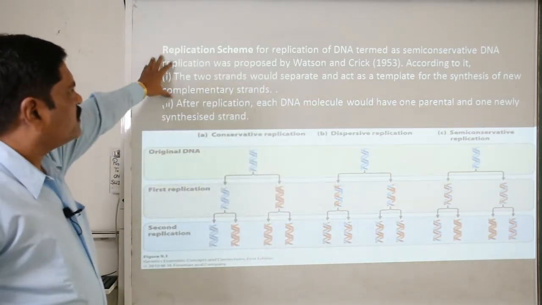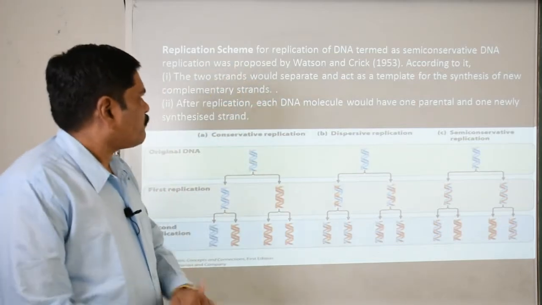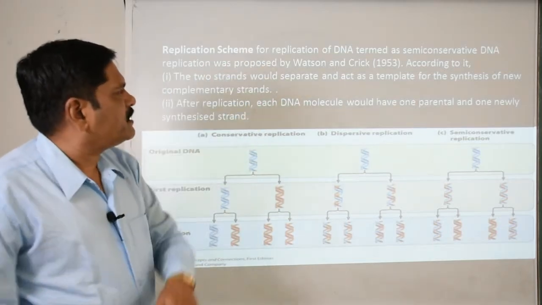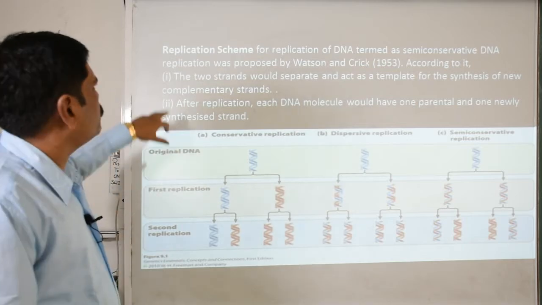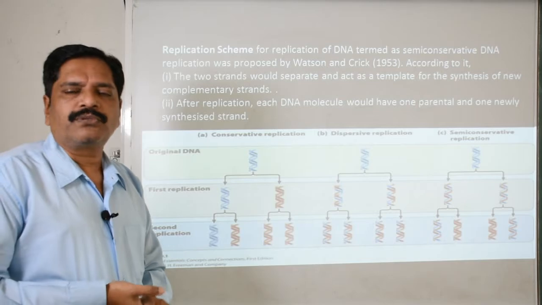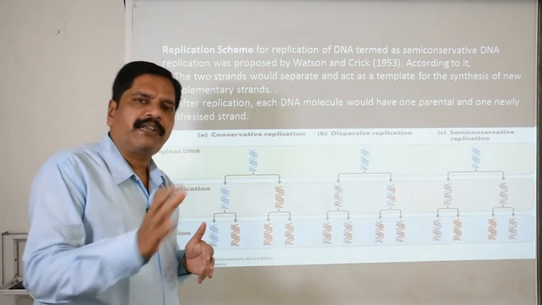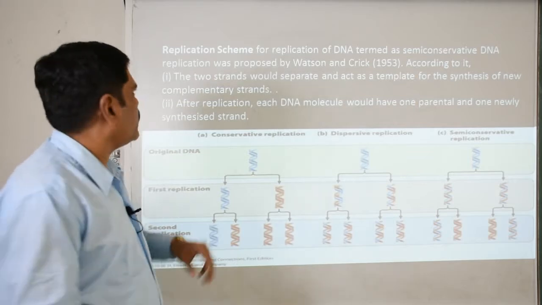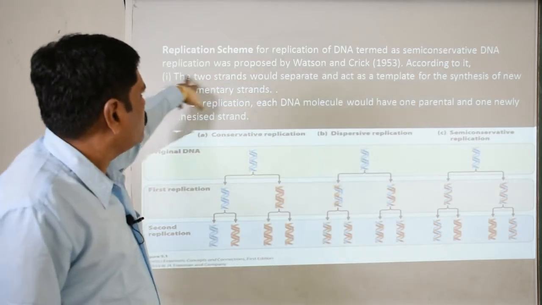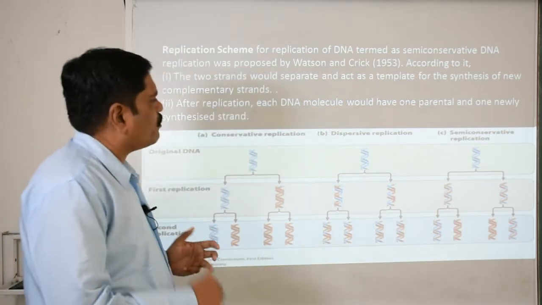Now, this replication scheme is given here, and we can learn from these notes also. Semi-conservative DNA replication was proposed by Watson and Crick. As you know, this model is able to explain each and every activity and behavior of DNA. First of all, the 2 strands separate and act as a template for the synthesis of the new complementary strand.